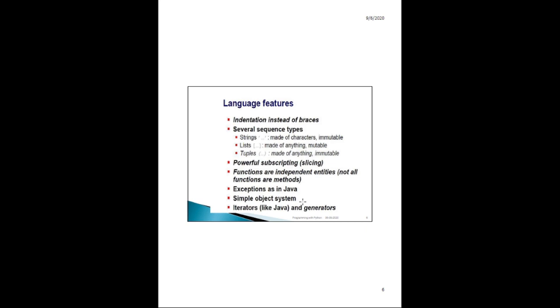And we can have each functionality as a separate module, and we can use it in multiple programs. Functions are independent entities. And then we have exception handling. What is meant by exception? The error that we expect.